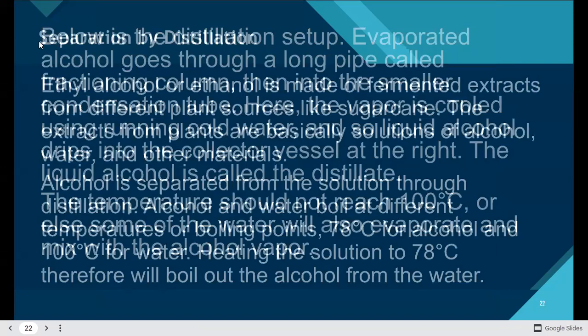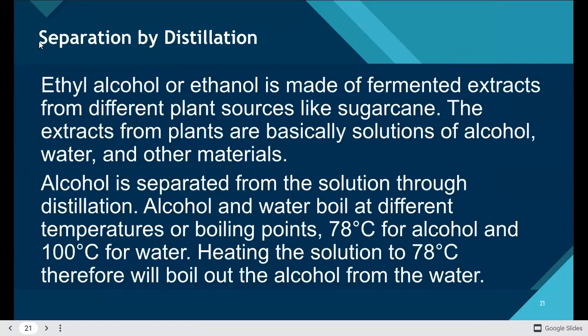How can we separate water and alcohol again? Through distillation. Since water and alcohol have distinct characteristics, they have different boiling points, and we can use those boiling points to separate them.